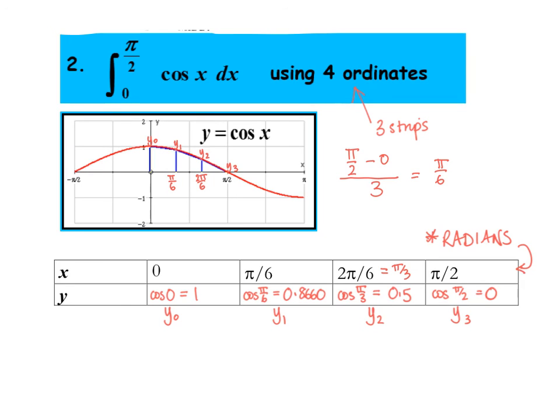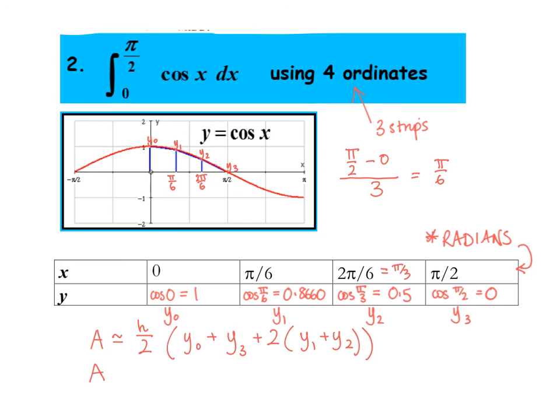Working out the area again using the trapezium rule, the area is approximately equal to the width between each strip divided by 2, multiplied by the first ordinate plus our last ordinate, which is y3, plus twice the middles, which are y1 plus y2.